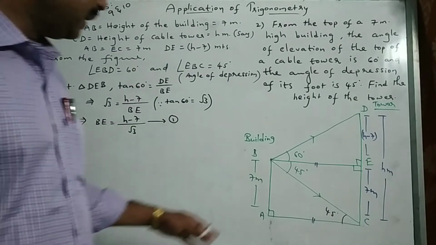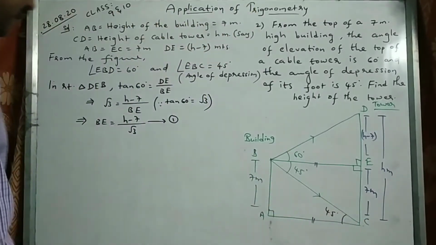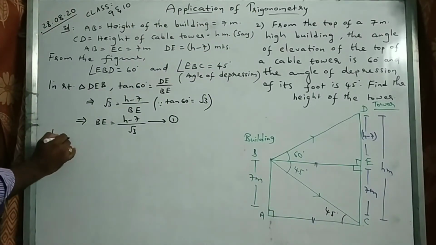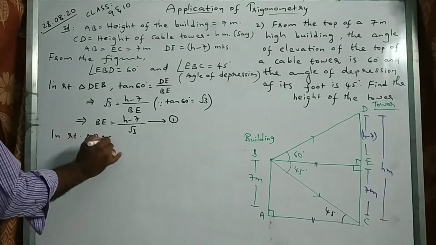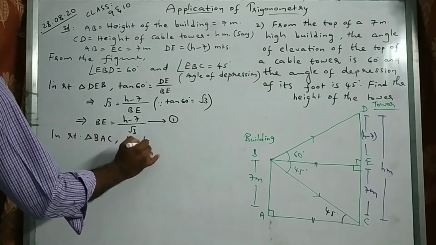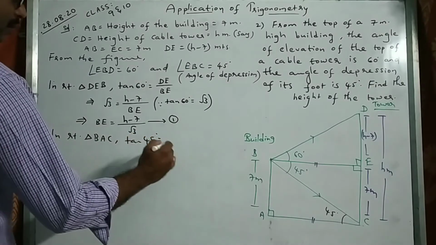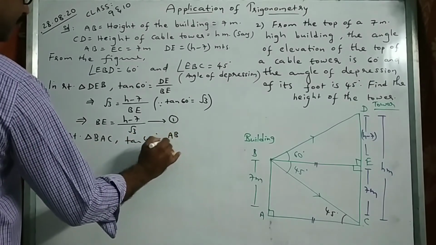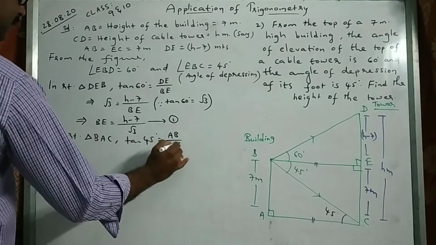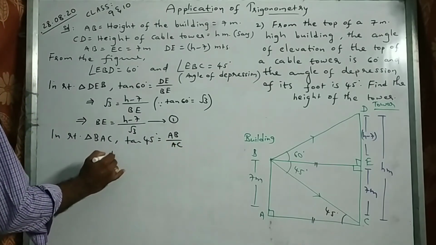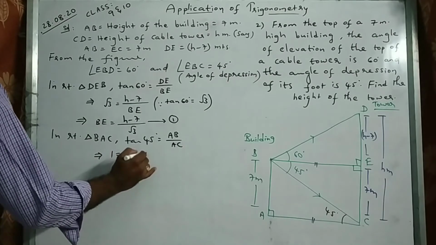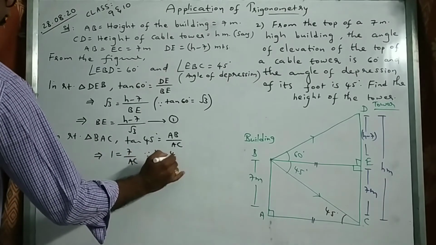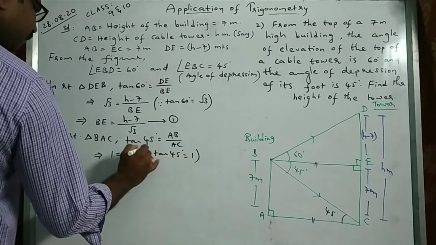Another right triangle BAC we will take. Any one you can take, no problem. In right triangle BAC, take tan 45 equal to AB upon AC. Tan 45 degrees value 1 equals AB, 7, upon AC, since tan 45 degrees value is 1.